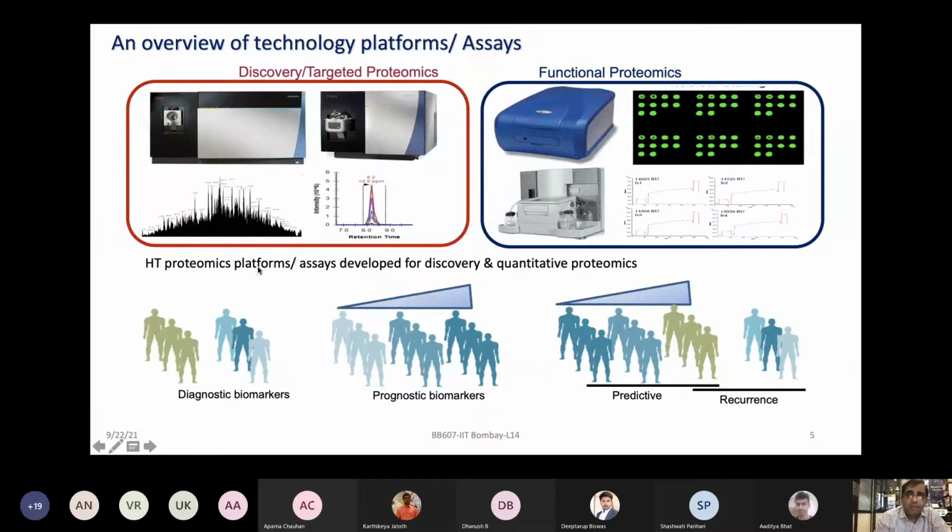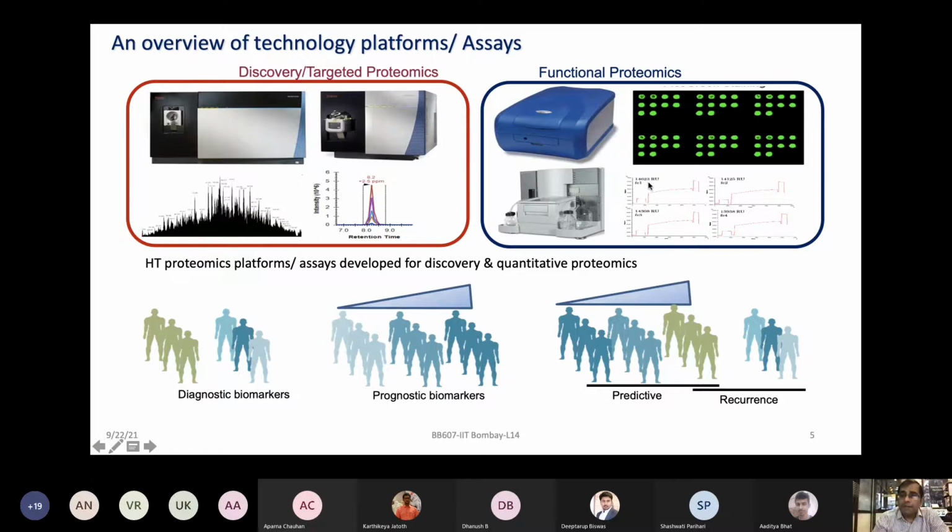So these discovery and targeted proteomics platforms are the first step towards investigating a biological problem or clinical problem. Once you have done that, then let's say you want to know the function of that given protein, or you want to understand and characterize more about that biomarker or protein of interest, and then functional proteomics comes into play.